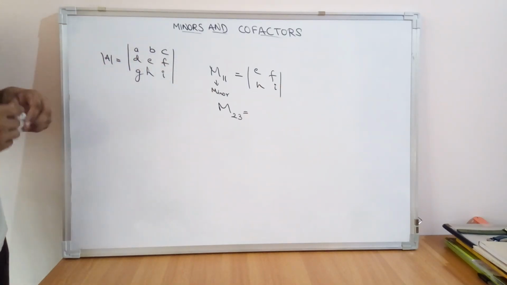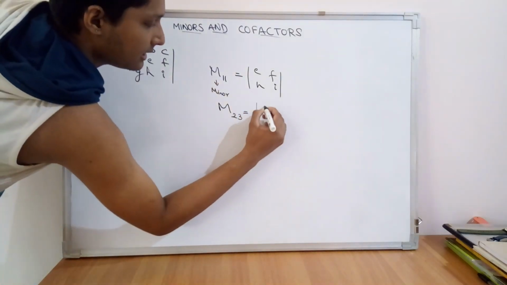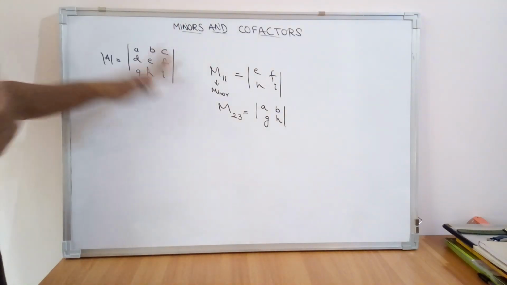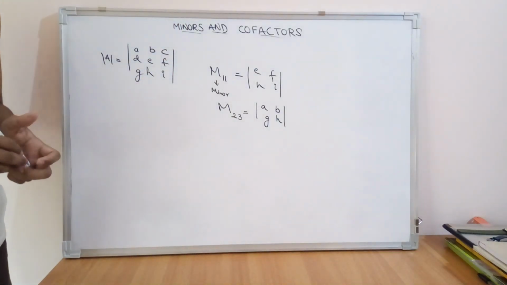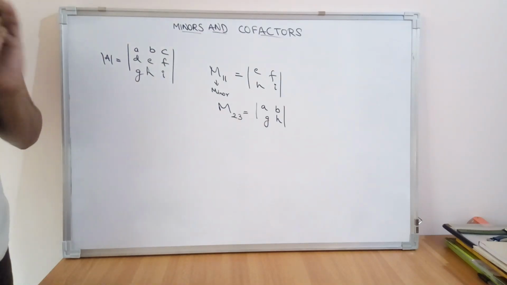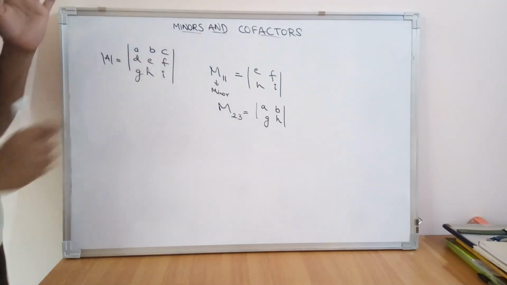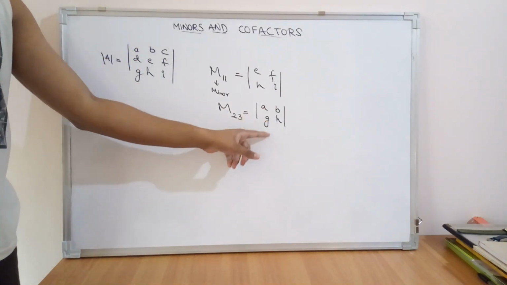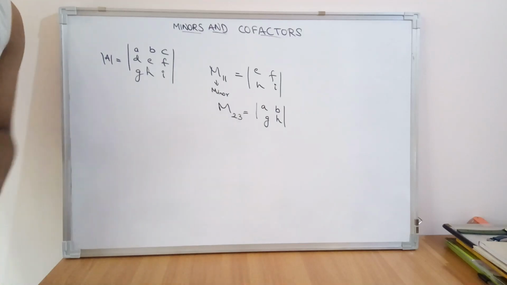Therefore we get A, B, G, H as the remaining elements. Minor is very simple. We delete all the elements present in that particular row and column, and the determinant we get at last is called the minor of that element.